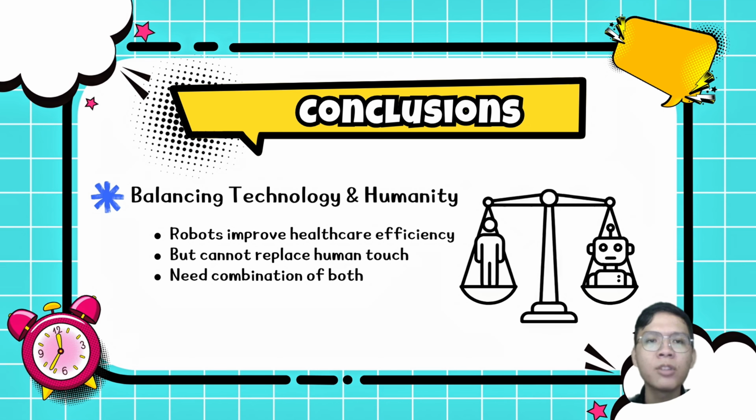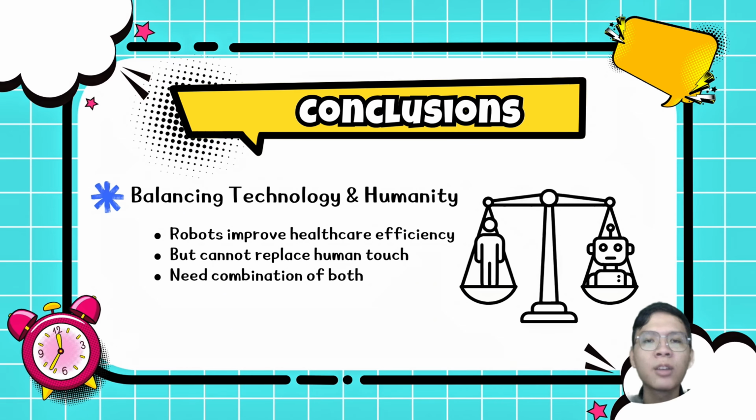However, technology cannot replace the human touch. Patients still need kindness, empathy, emotional support, and personal communication from healthcare workers such as nurses, caregivers, therapists, and counselors. For example, while a robot can remind elderly patients to take medicine, only a caregiver can comfort them when they feel lonely or afraid.